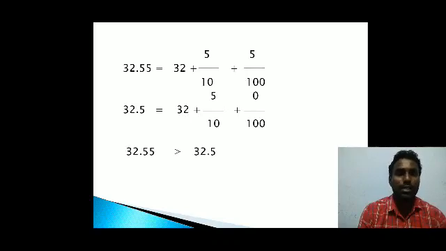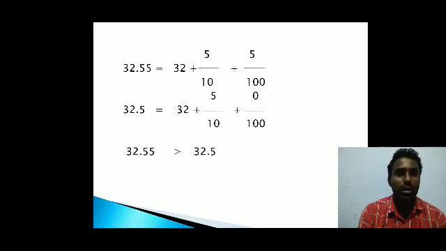Now look at the second one, 32.5. That is 32 plus 5 by 10 plus 0 by 100, because there is no digit present after that 5. So we can write 32.5 as 32.50, which is 32 plus 5 by 10 plus 0 divided by 100. So 32.55 is greater than 32.5.